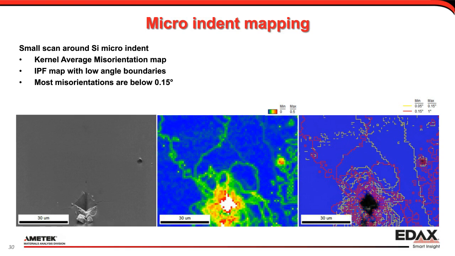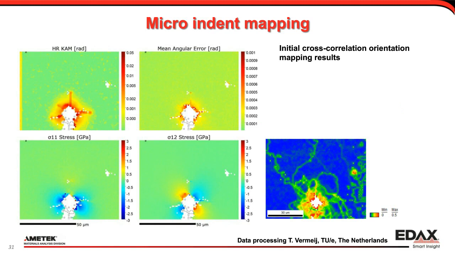Now, here are some initial cross-correlation results. The scaling is a bit different, but here on the left, the HR-EBSD map, you can also make out the cracks at the tips of the indent, and also the one emanating here from the left edge.